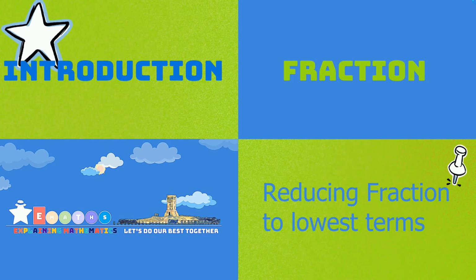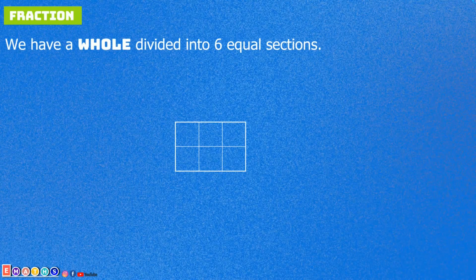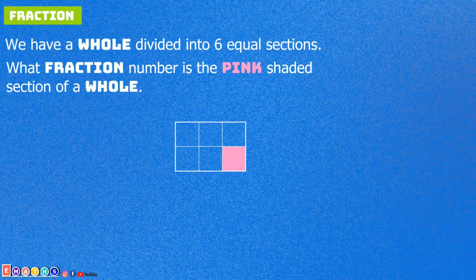Reducing fractions to lowest terms. We have a whole divided into 6 equal sections. What fraction is the pink shaded section of a whole?